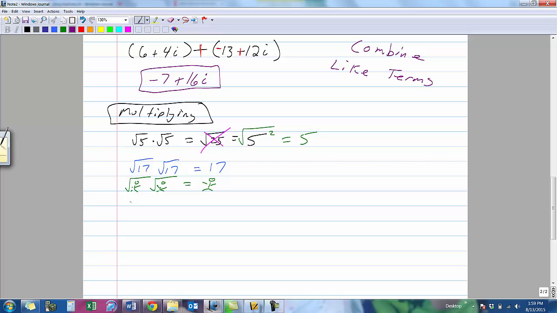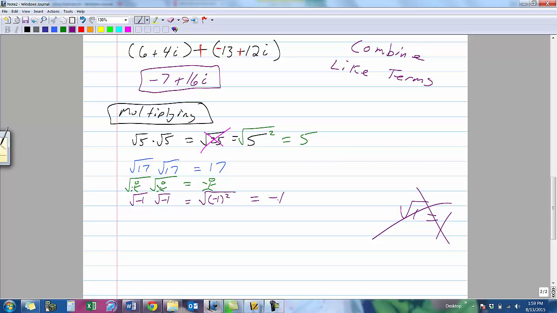Here's the problem. Well, no, let's talk about this. What about root negative 1 times root negative 1? Now, some of you might think, wait a second, negative 1 times negative 1 is positive 1, so it'd be root 1, which is 1. But no, you can't think of it like that. Instead, the way you have to think of it is root negative 1 squared, then the radical undoes the squared.